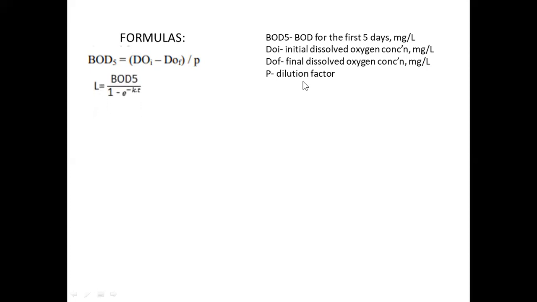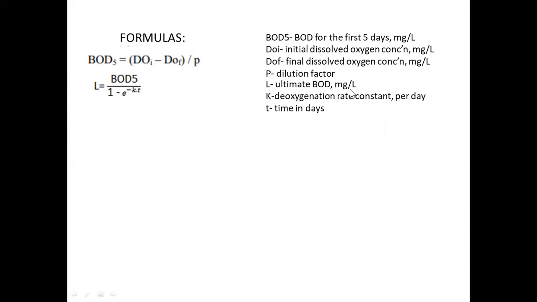Now, the second formula is L is equal to BOD5 all over 1 minus e raised to negative kt. Or if we're going to manipulate the whole formula, BOD5 is equal to L times the quantity of 1 minus e raised to negative kt. Now, let's define the following variables. L stands for the ultimate BOD.